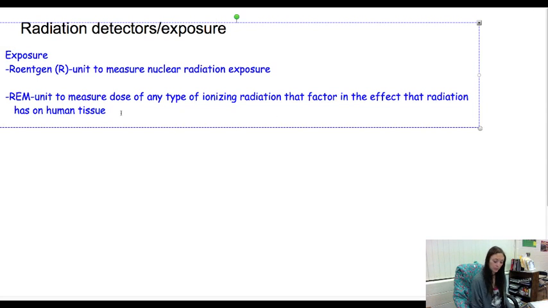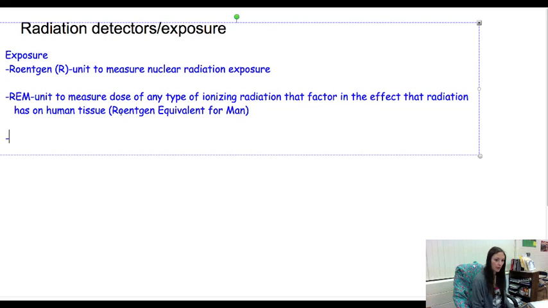For that reason, a REM is the Roentgen equivalent for man. Just as another side note, long-term exposure to radiation can cause DNA mutations. And like I said, Marie Curie actually passed away because she worked with radioactive material too often.